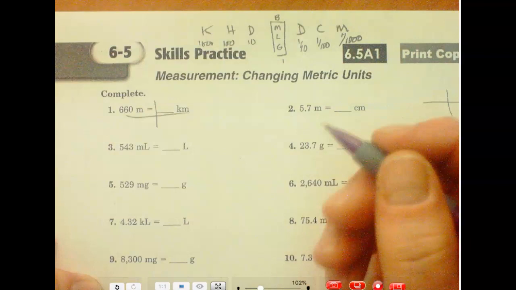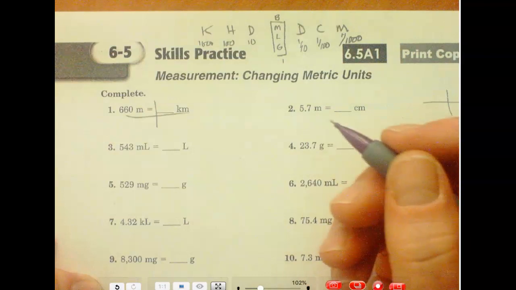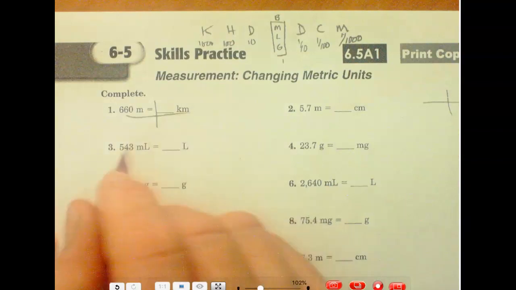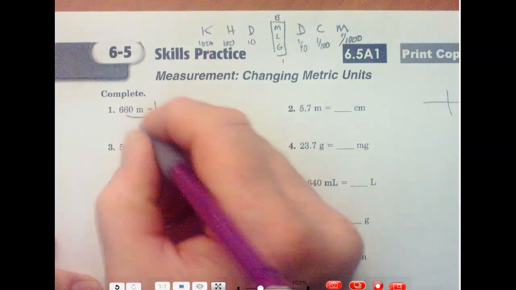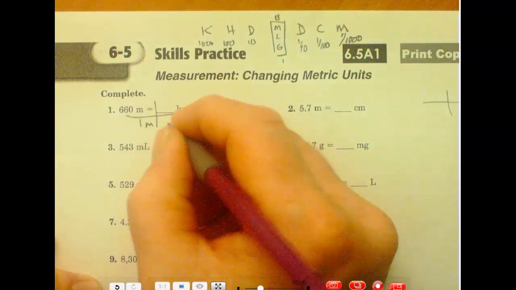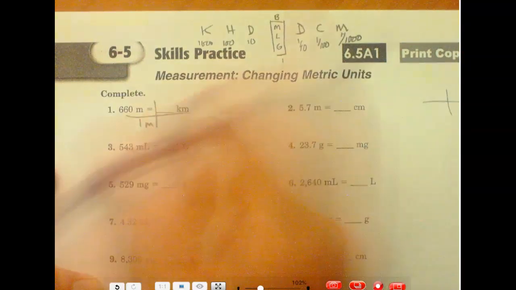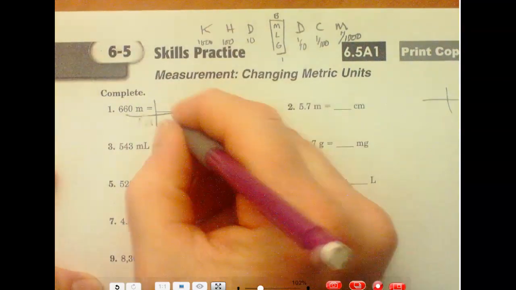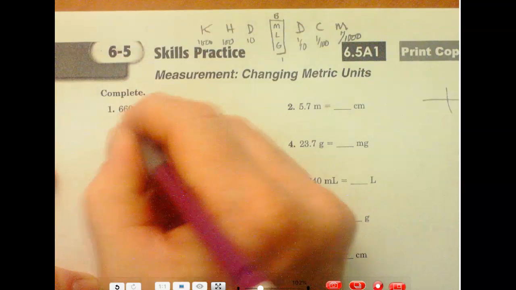All right, 660 meters is how many kilometers? Well, I could box that up because I know that 1 kilometer is 1,000 meters.